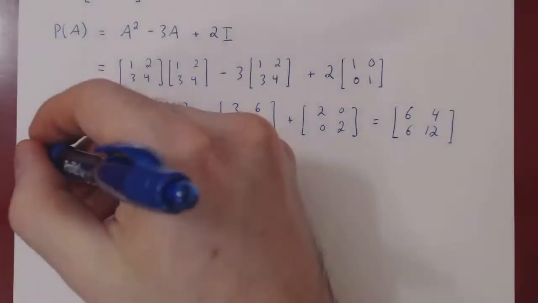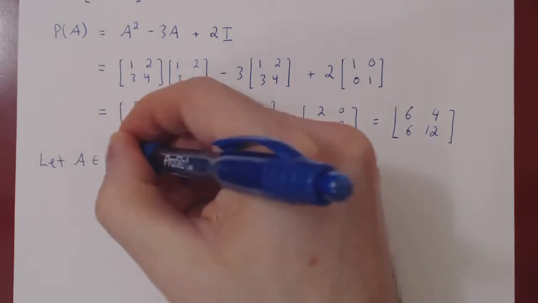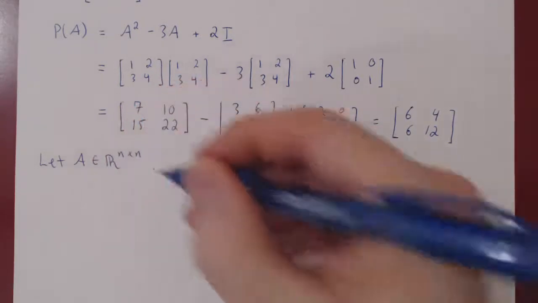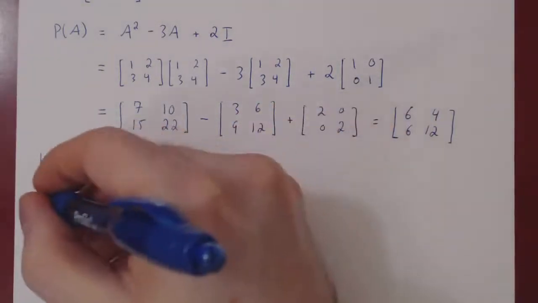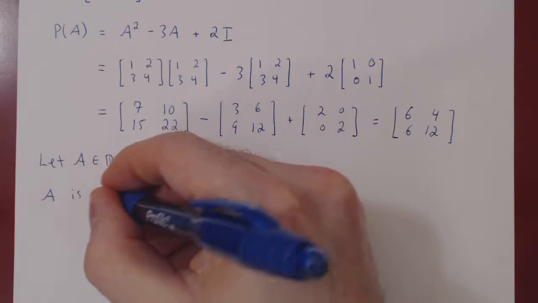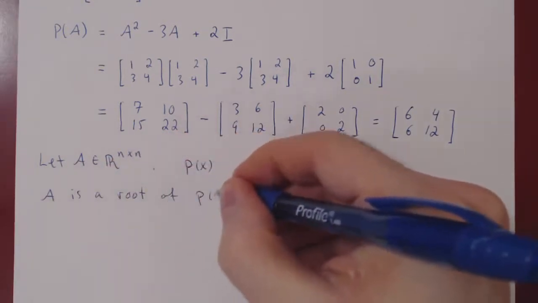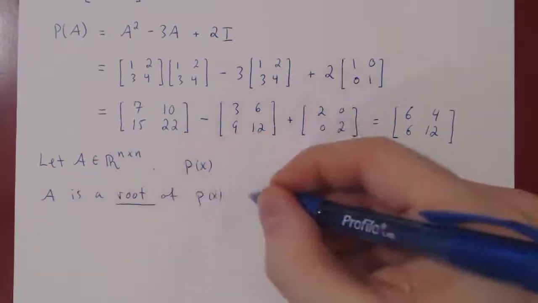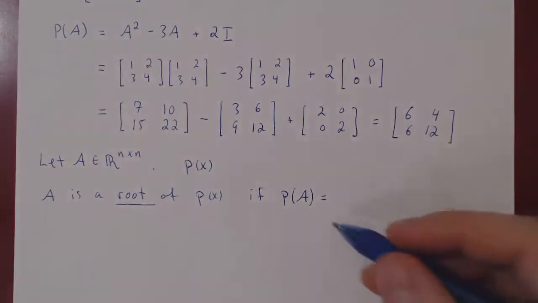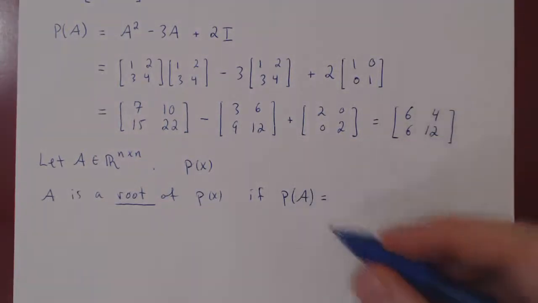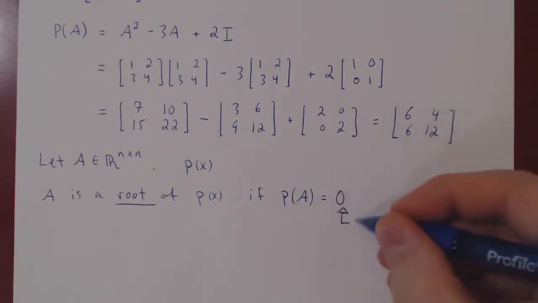So we say that if you let A be a square matrix, and we have P of x being a polynomial, we say that A is a root of P of x if, of course, P of A equals 0. But we know P of A is a matrix, so of course P of A will equal the 0 matrix.